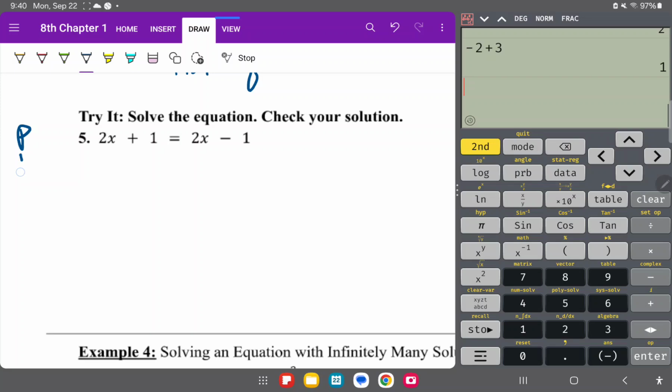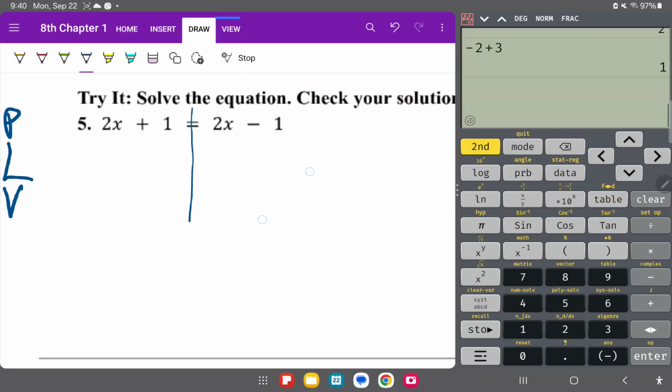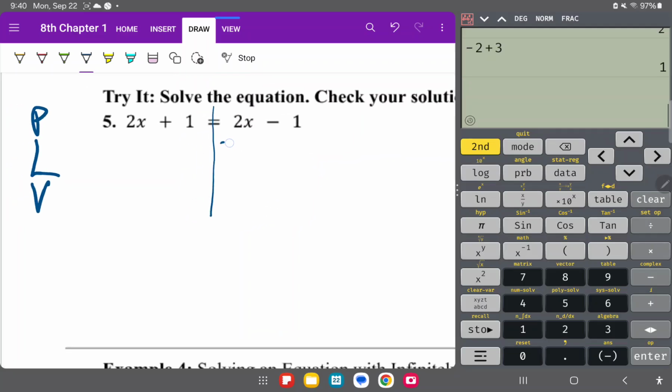No. Are there any like terms to be added? No. All right, so let's deal with the variables. We want to take this variable term over there. So we have to do the opposite operation. So we're going to subtract 2x and then do the same thing on the other side.